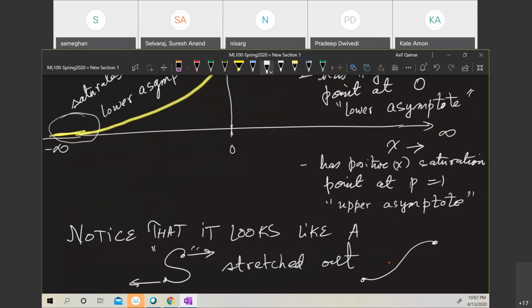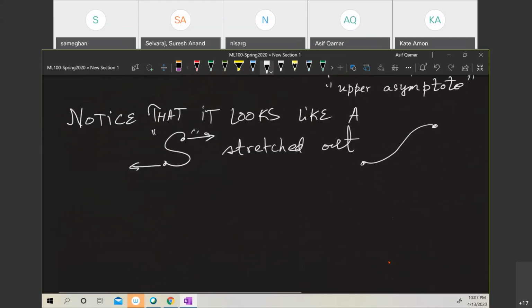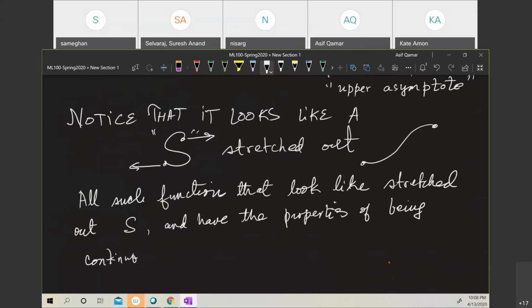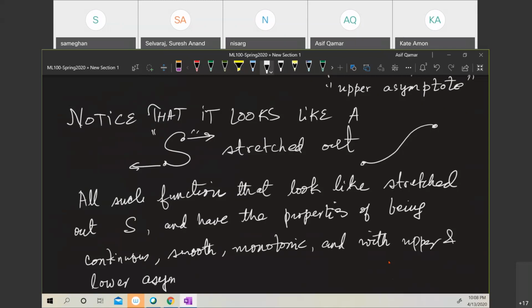Do you see that, guys? Is it obvious? It is obvious, right? So it turns out that all such functions that look like a stretched out S, and have the properties of being continuous, smooth, monotonic, and with upper and lower asymptotes are called sigmoid functions.